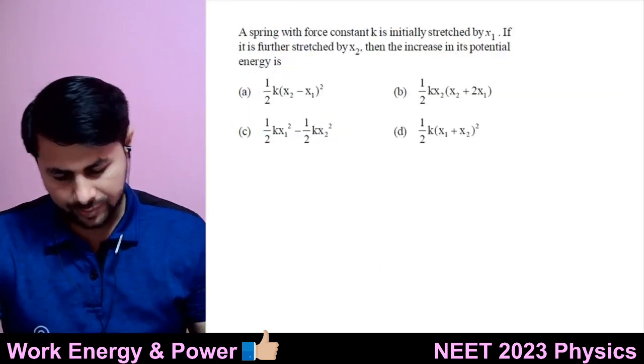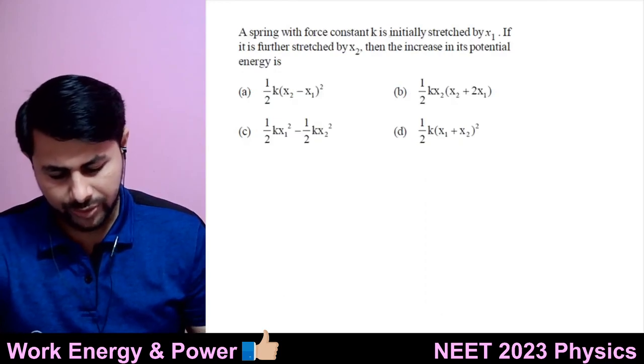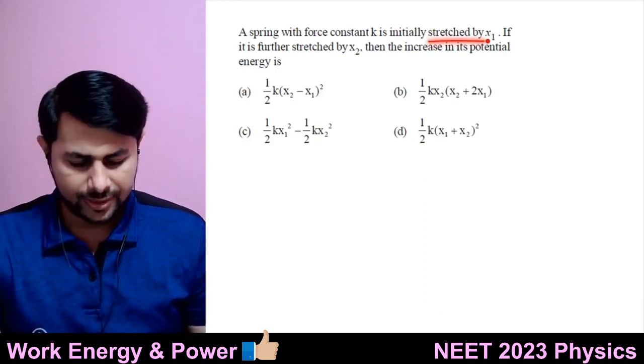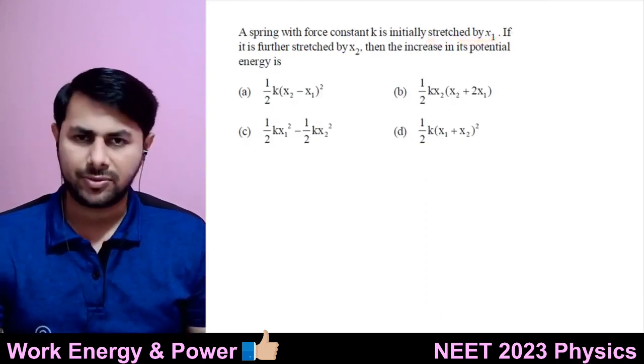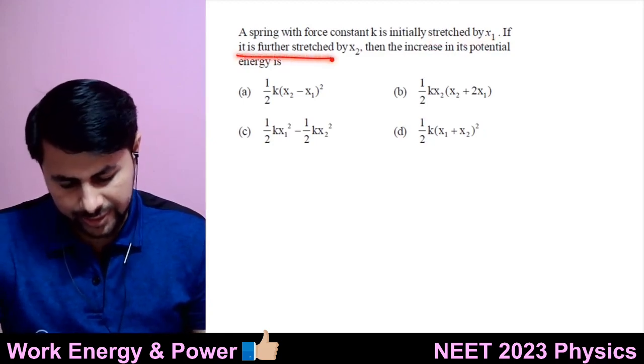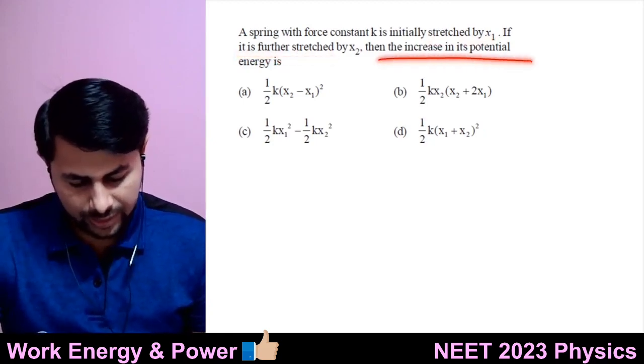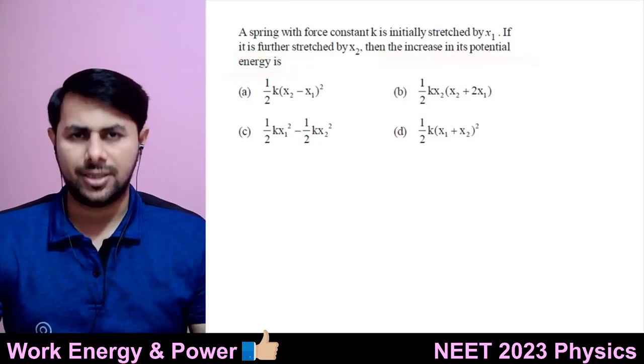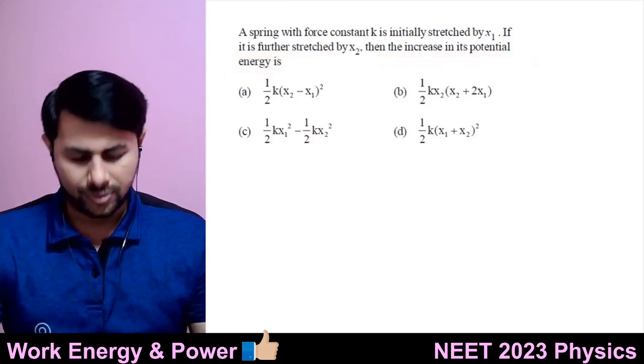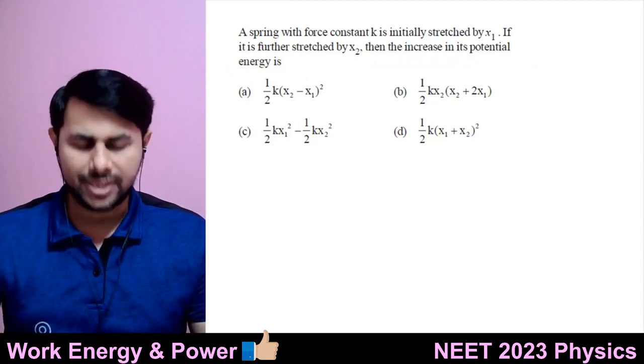Next question. A spring with force constant K is initially stretched by x1. If it is further stretched by x2, then the increase in its potential energy is, this is the question. So initially it is stretched by x1, then it is further stretched by x2.